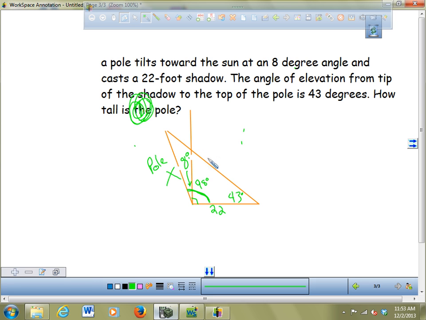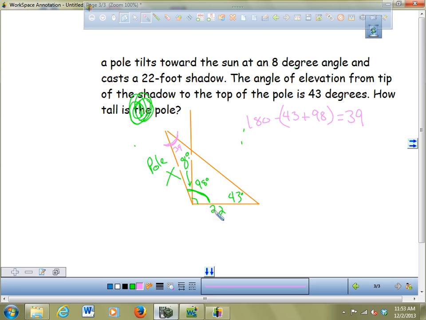So what do I need to do? Find out the other side. Good. You need to find this angle up here first, which is pretty easy: 180 minus 43 plus 98. I'm going to subtract 43 and 98 from 180, in which case I get that the angle at the top is 39 degrees.